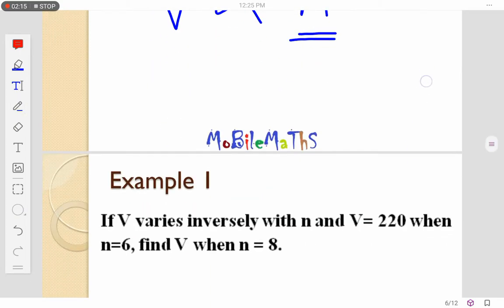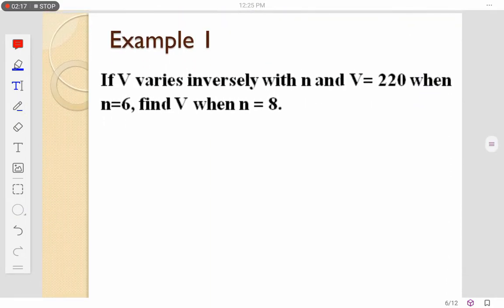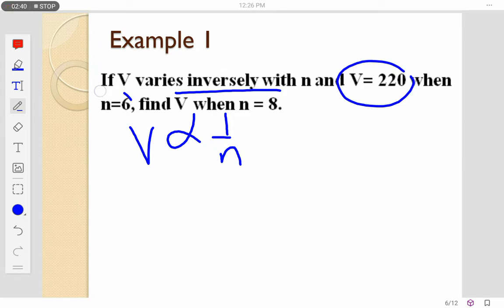Okay, so let's have an example. I've got two examples in this video. In the first example, we've got V varies inversely with n, and we are given values for V and n.